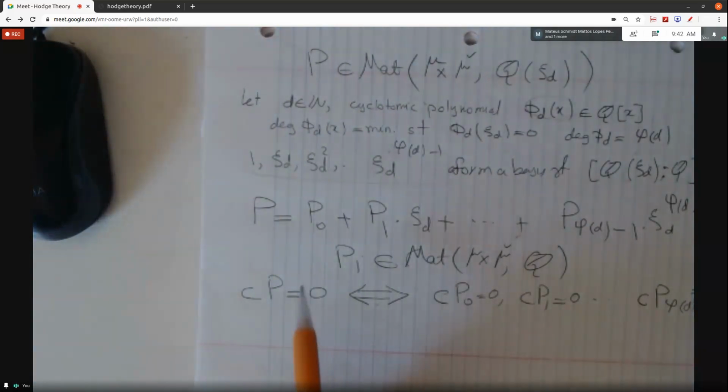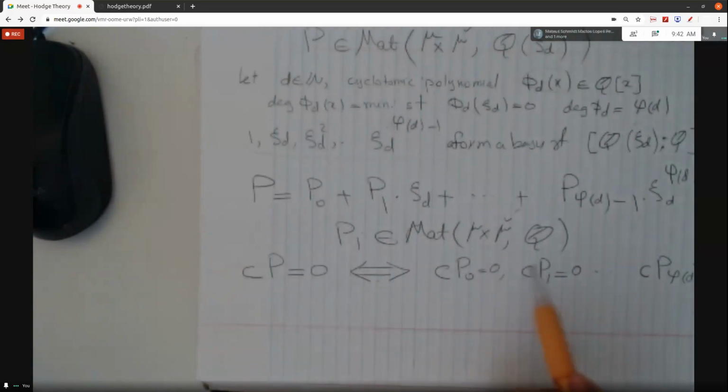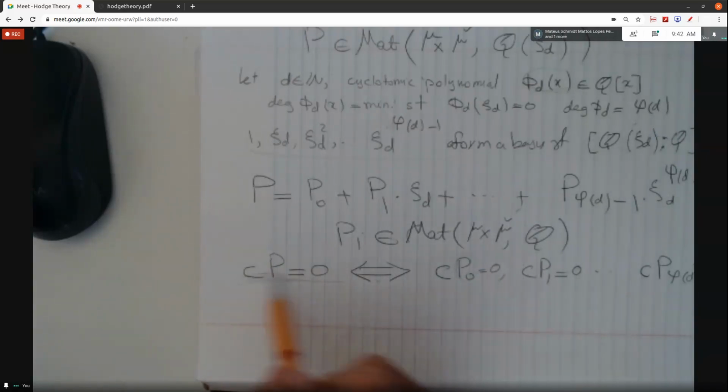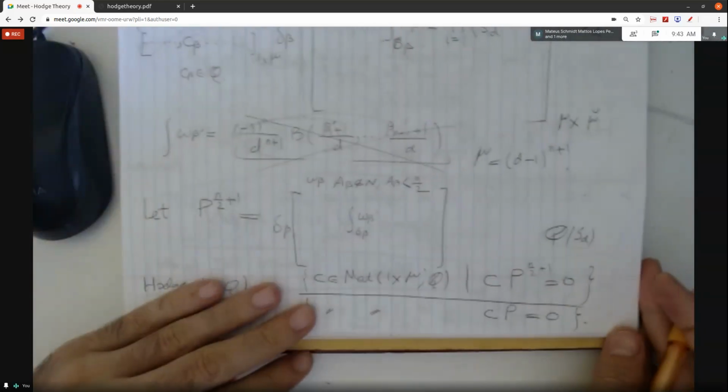In the definition for computing Hodge cycles we need this equality, but in order to do computation in rational numbers, I have to break it. I have to get matrices with integer coefficients, and then this equality will be broken into phi_d equalities.